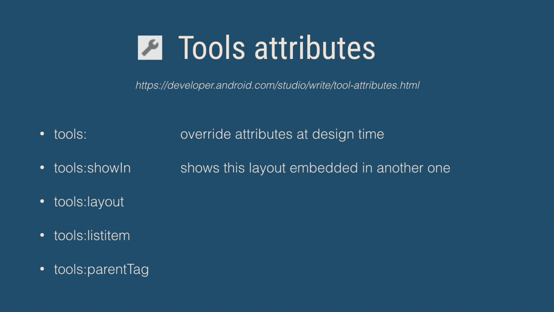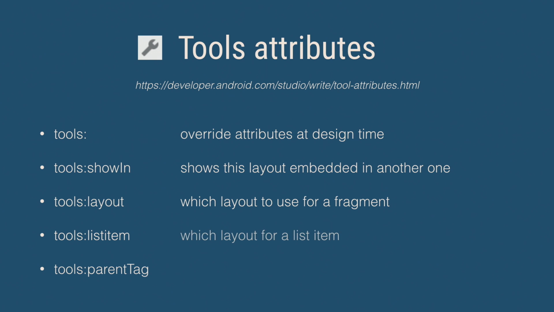There's a couple that are pretty useful. So showIn, for instance, if you're creating a layout that's a sub-layout of some kind, but you want to see it within the context of the layout it's included in, use showIn. Layout, for fragments, is great. You can add an attribute here to define which layout you want to display in place of the fragment. listitem is very useful as well if you have a RecyclerView or a ListView.